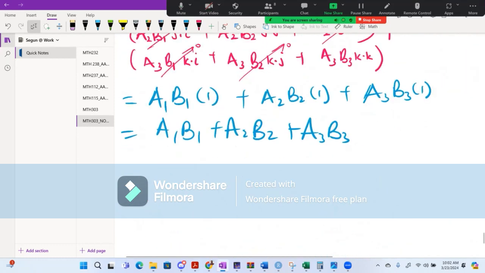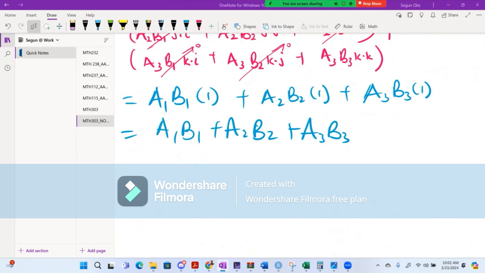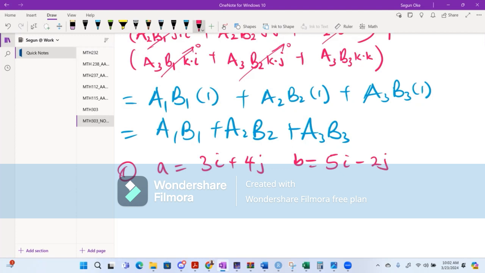To find the dot product, remember question 1 says we have A equals 3i plus 4j and B equals 5i minus 2j.